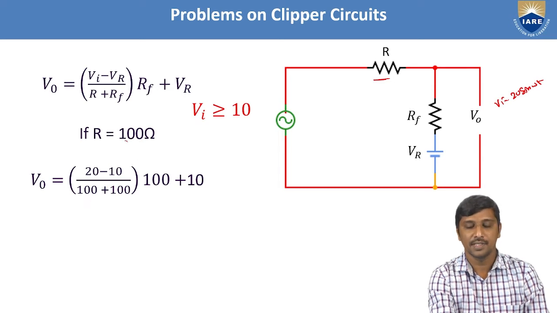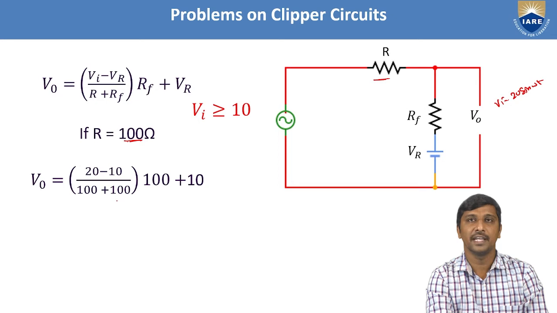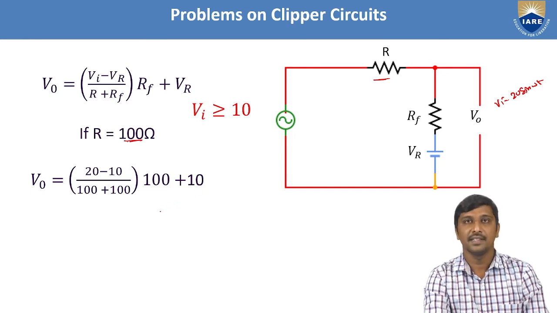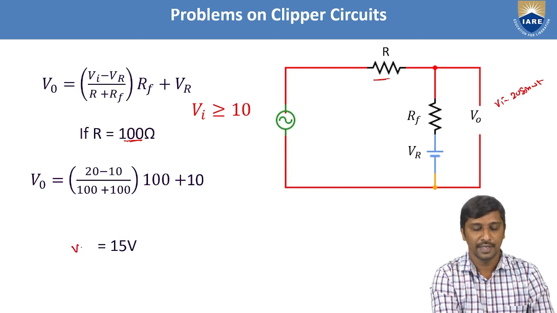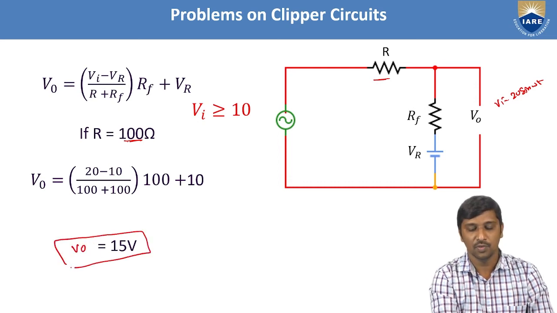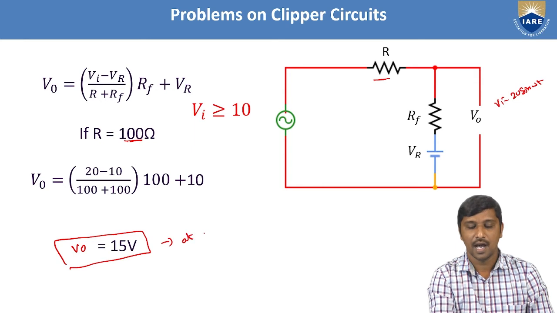R is 100 ohms, and RF, the diode forward resistance, is given as 100 ohms, plus the reference voltage of 10. Then simplify this ratio. It gives the output voltage V0 as 15 volts at R equal to 100 ohms.